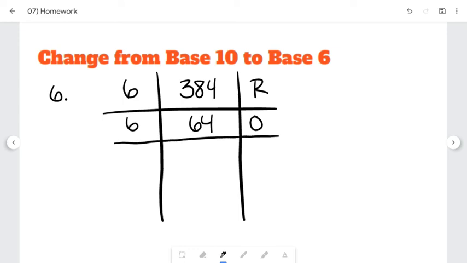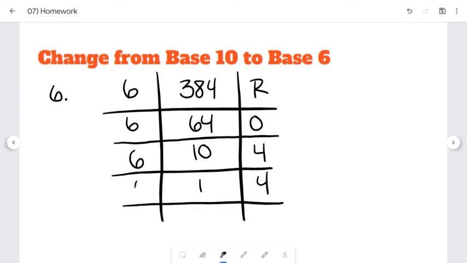So 64 divided by 6 this time, well, that does not go evenly. But we know 60 divided by 6 nicely gets 10. That means we'll have a remainder of 4. Again, my middle column's not 0, so I'm going to divide by 6. 10 divided by 6, we can do that once, with a remainder of 4 again.